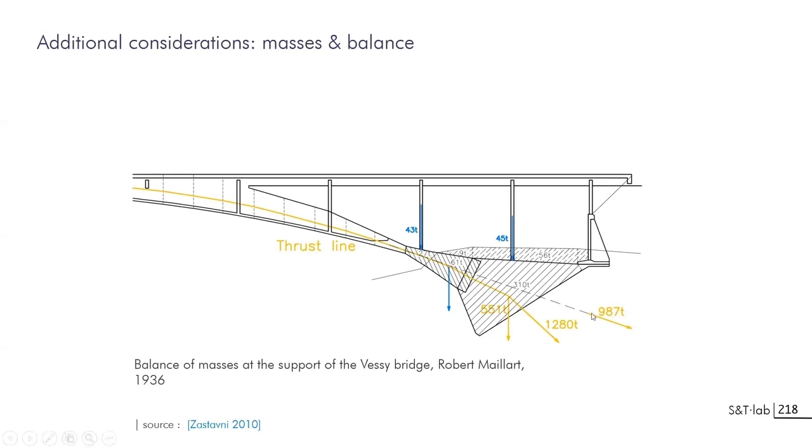And what has been classically used in classical masonry bridges is to combine this thrust line with the weight of massive block foundations. So you have a first change of direction here and a second change of direction here that will give you a new direction for the forces. And this one is less horizontal, more vertical, and this time it can be sustained by the structure. So this is about playing with loading to equilibrate the system.